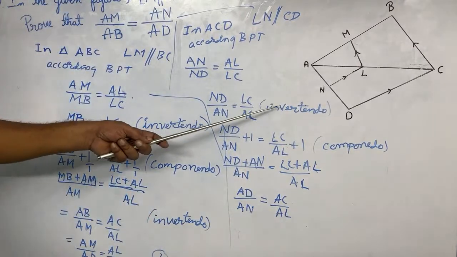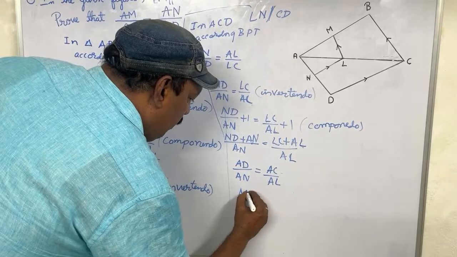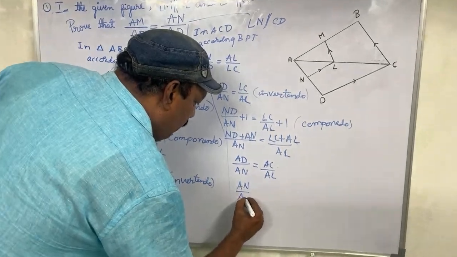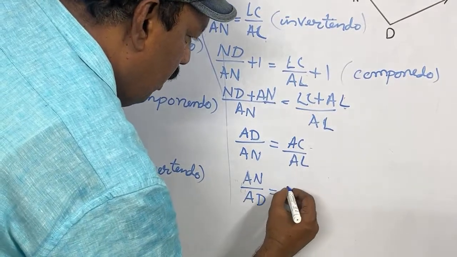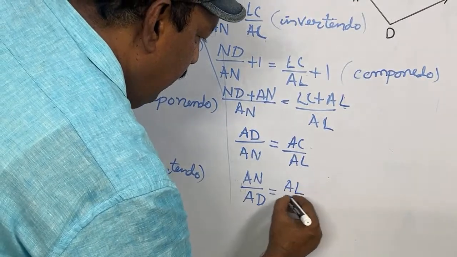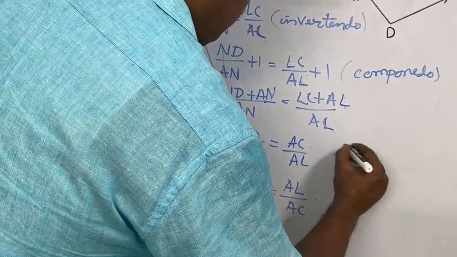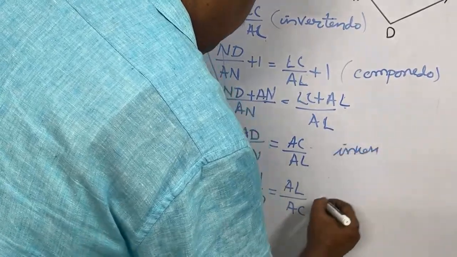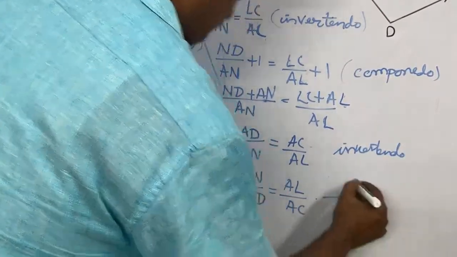This we already inverted once, so for that purpose we invert once again and we get AN by AD is equals to AL by AC. This is invertendo over. This is equation 2.